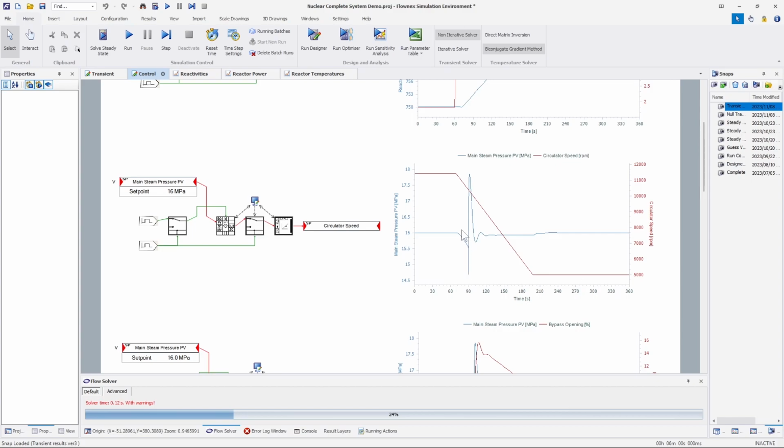From 70 seconds to 90 seconds, it can be observed that the steam pressure started to decrease due to a decrease in helium mass flow. At 90 seconds, the control of the steam pressure switched to being controlled by the bypass valve. The pressure response after 90 seconds will be discussed when we look at the bypass valve and steam pressure graph next.